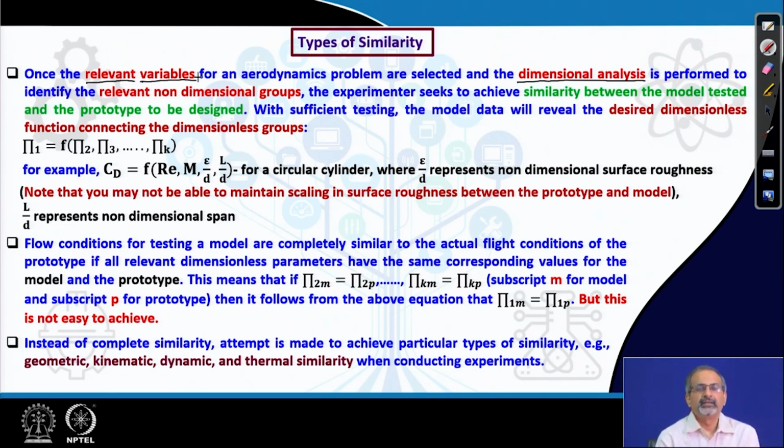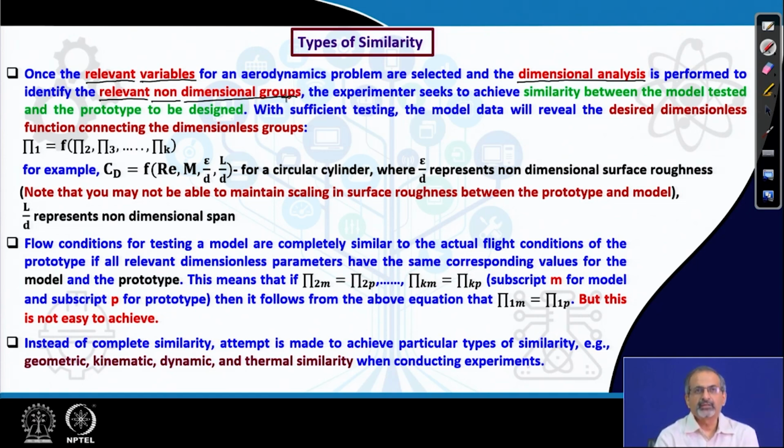We remember having discussed about different relevant variables for an aerodynamics problem, which had to be selected initially to perform the dimensional analysis. And once we performed the dimensional analysis, we ended up having relevant non-dimensional groups and functional relationships between them.